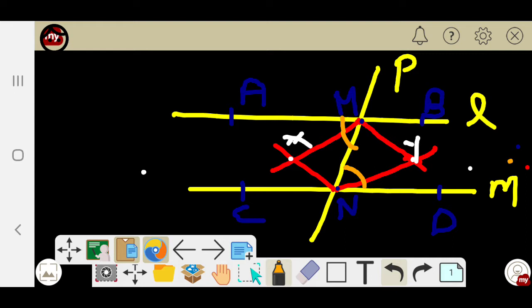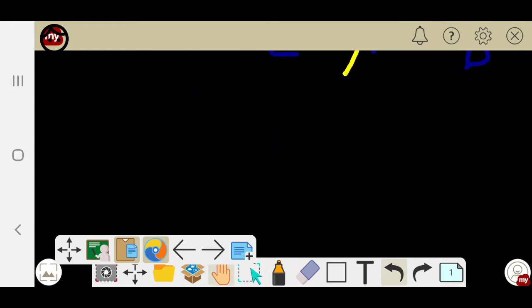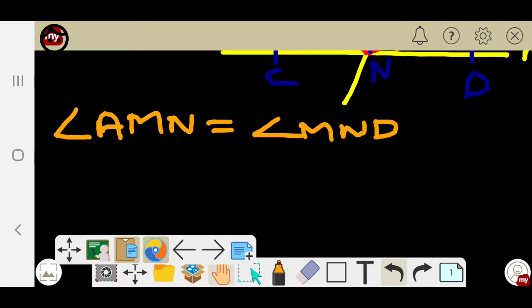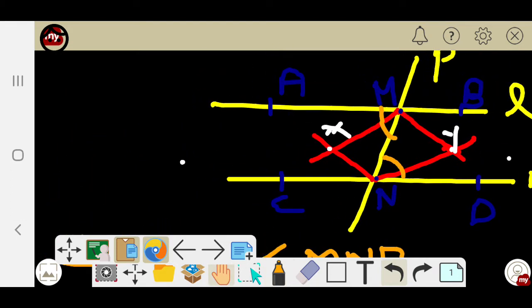Alternate interior angles are equal means what we can tell? Angle AMN equals angle MND.